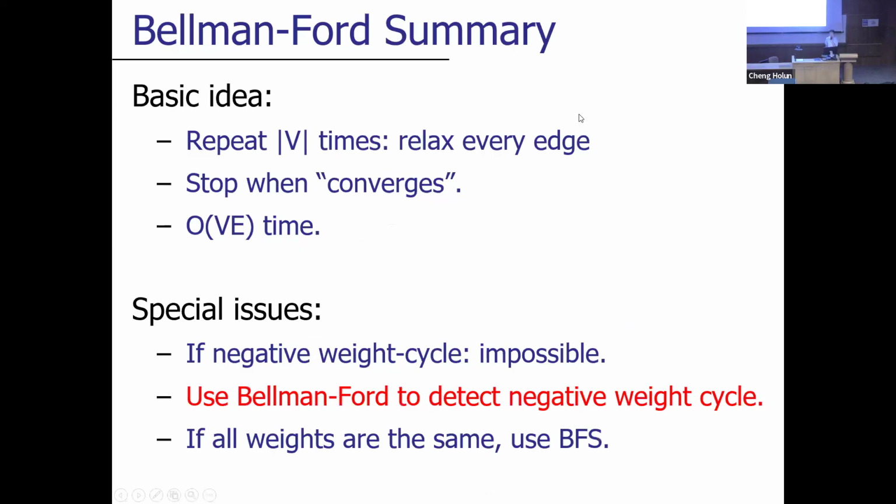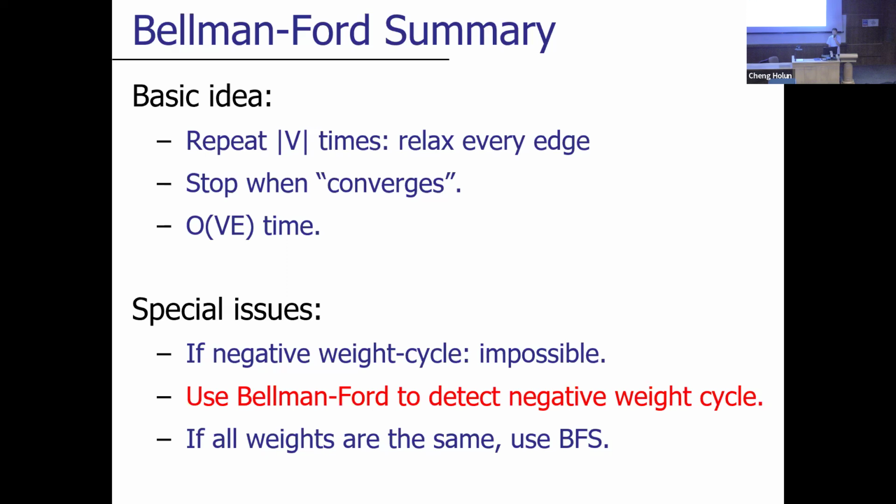The basic idea of Bellman-Ford is that I keep relaxing every edge for V iterations. I will stop when there is no more improvement, that means when it converges. The running time is V times E. Bellman-Ford can work with negative weight edges.